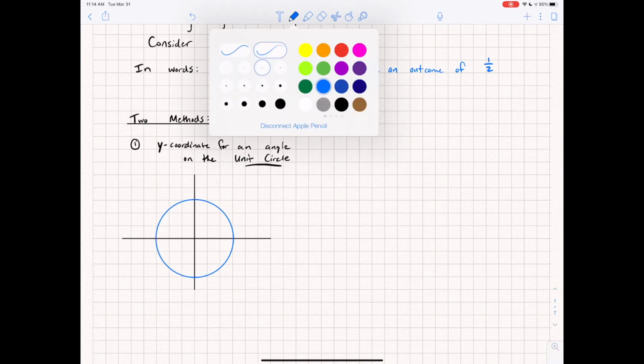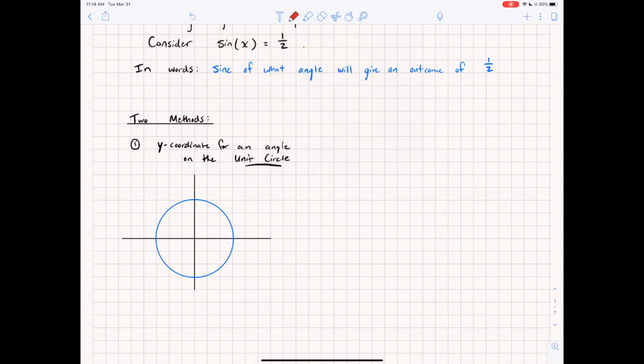Now when I'm looking for sine is 1/2, I know that because I'm looking at the y coordinate and looking at my y-axis, this would be where y is equal to 1, and this would be where y is equal to 1/2. So essentially, if I was to draw a horizontal line at this y value, where would it intersect the unit circle?